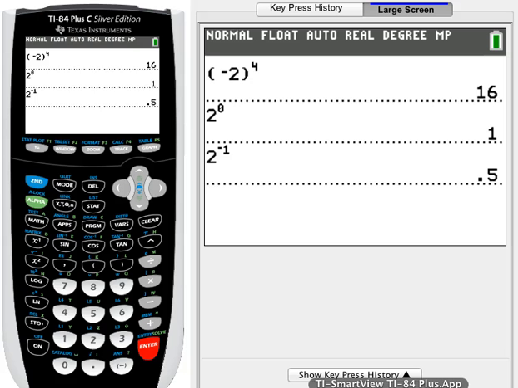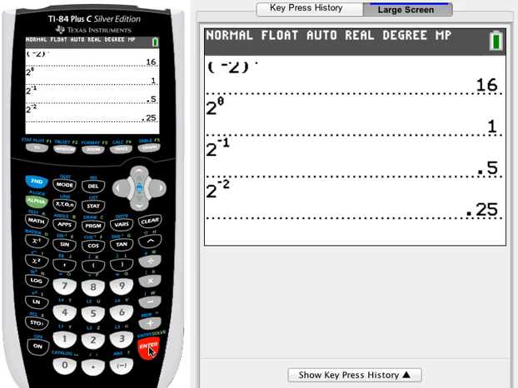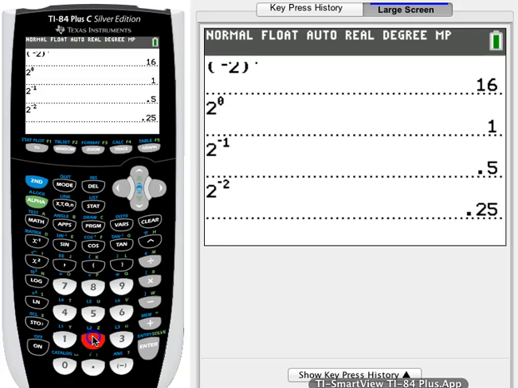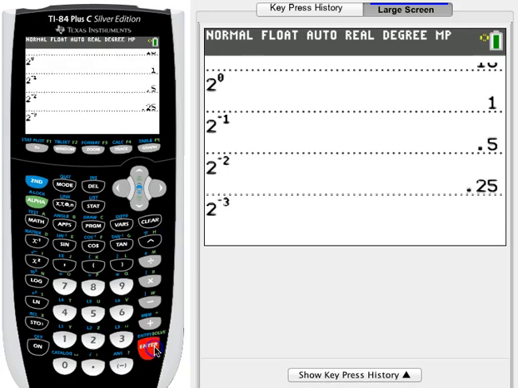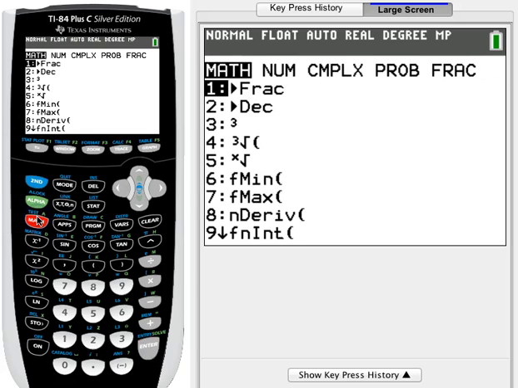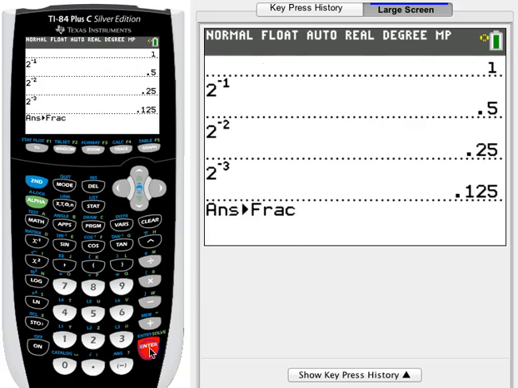2 to the negative 2. Well, again, let's not take my word for it. Let's actually do it. 2 to the negative 2 is 0.25. And again, I think you guys will probably recognize that as 1/4. 2 to the negative 3 is 0.125. Now, maybe you don't know this one off the top of your head. So if you need, you can convert that to a fraction.